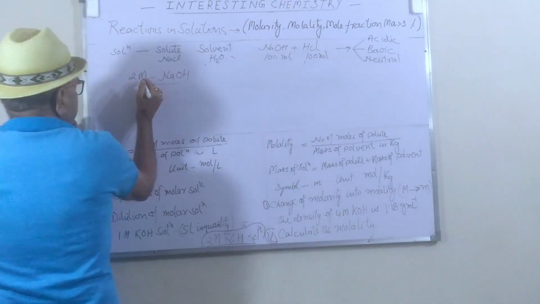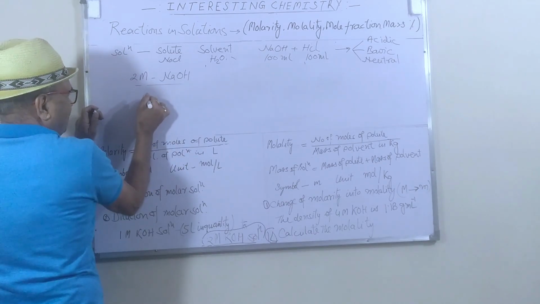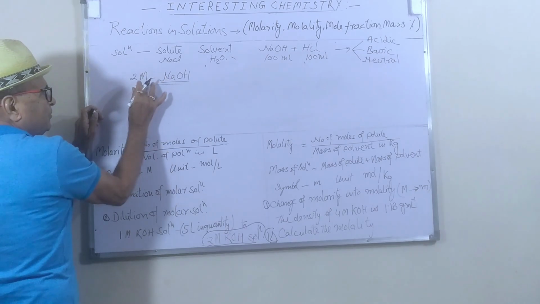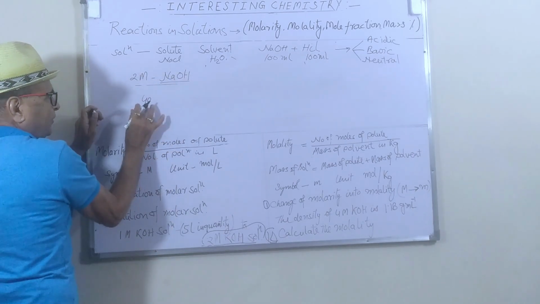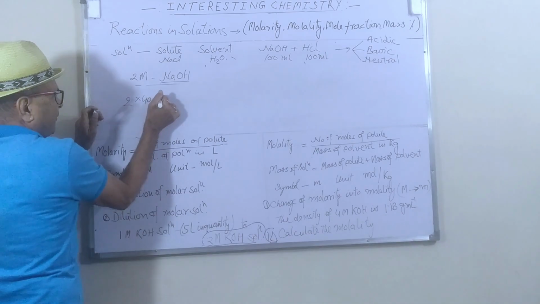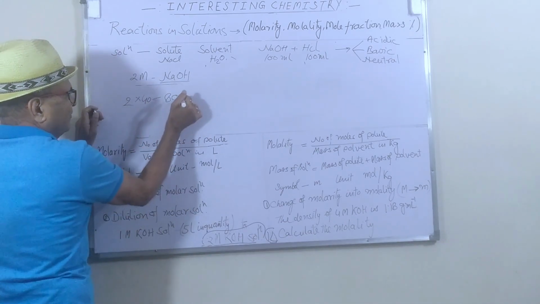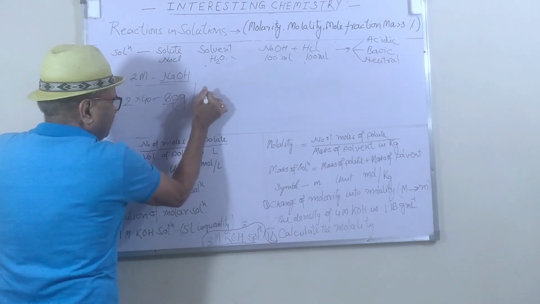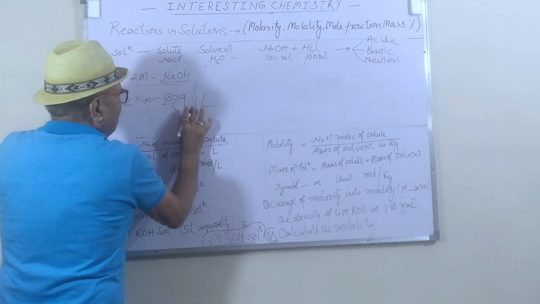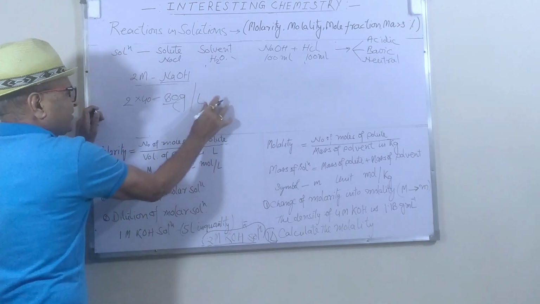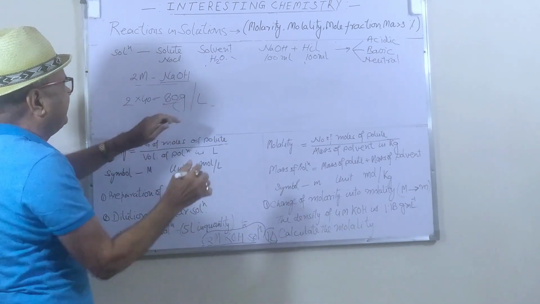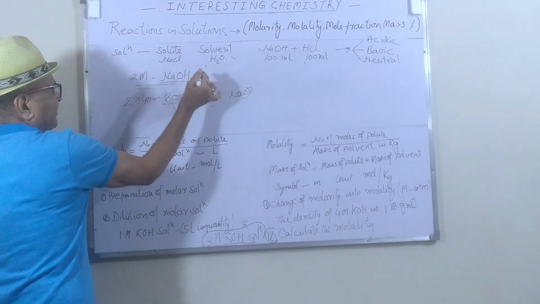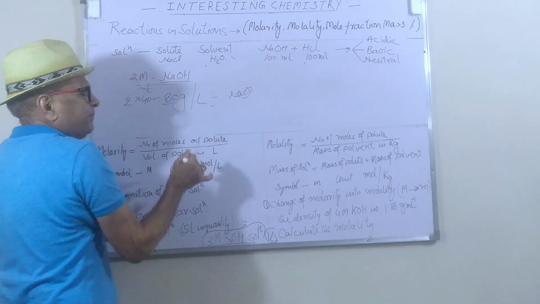As you know, the molar mass of NaOH is 40, and you will multiply this by 2. When 80 gram of NaOH is dissolved in 1 liter, that is 80 gram per liter NaOH. This is equal to 2M NaOH.